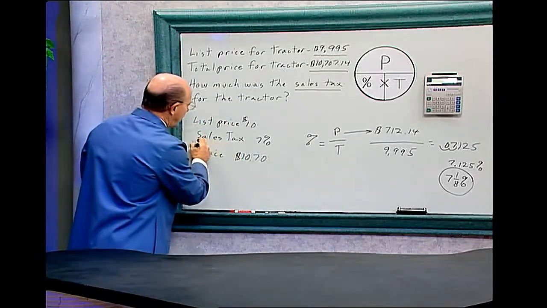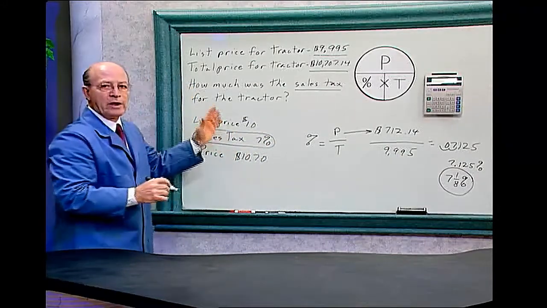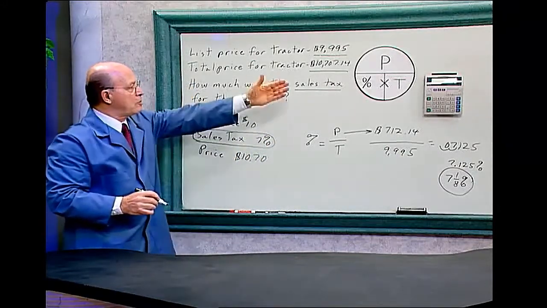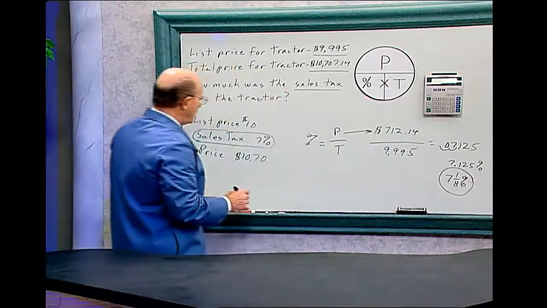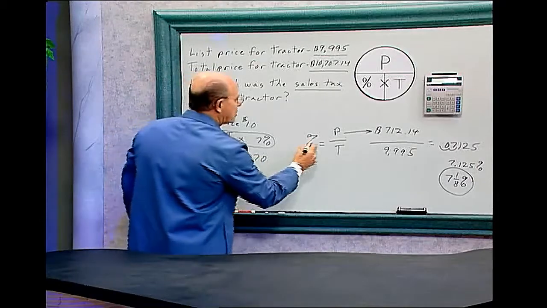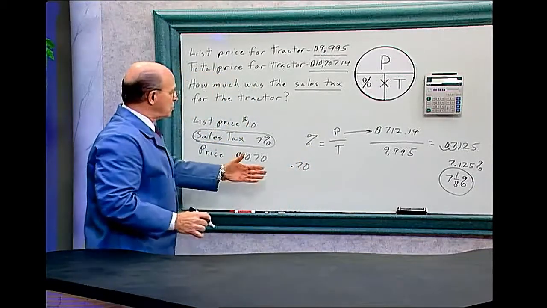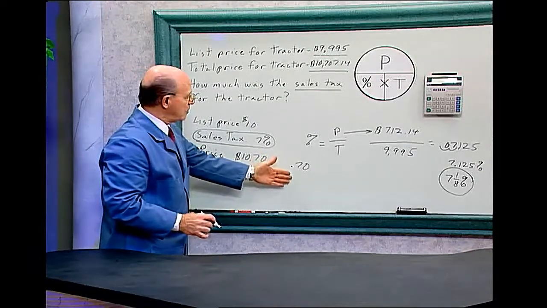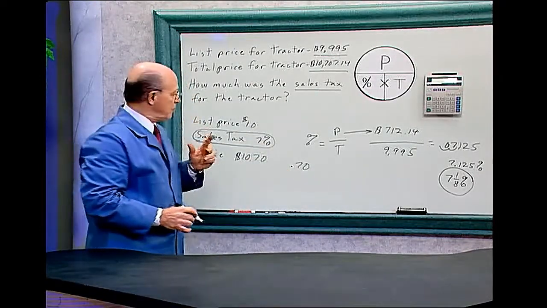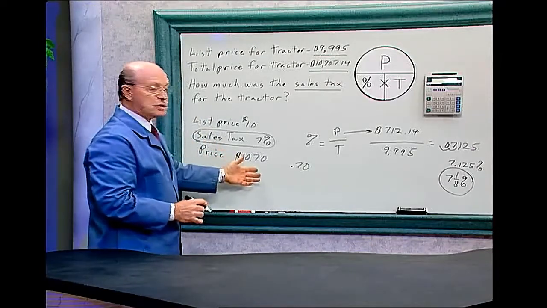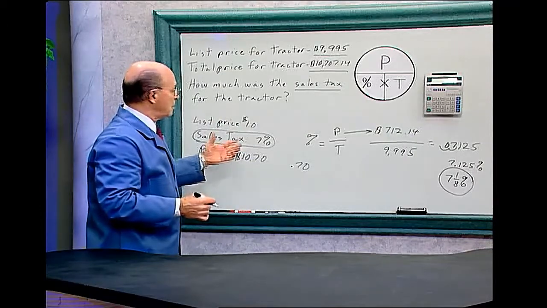Now say you want to find out what was the sales tax. You don't know this now. They just give you these two figures. Now you want to remember the circle over here, the percentage circle. Now the part would be obviously 70 cents. So what would be divided into 70 to give you 7%? You know the answer. You know it wouldn't be $10.70 because that's going to be an odd number. So you know it would have to be the $10.